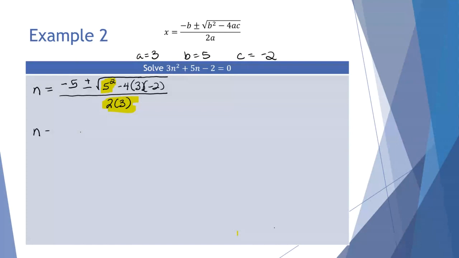So n equals negative 5 plus or minus square root. 5 squared is 25, so I have 25 minus 4 times 3 times negative 2. And make sure your square root always goes across everything that's inside. So sometimes you have to draw it longer. And then in the denominator, 2 times 3 is 6.